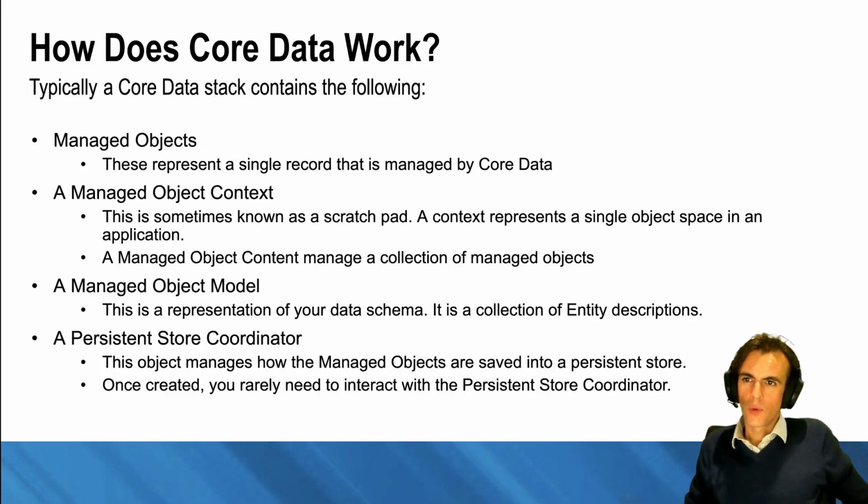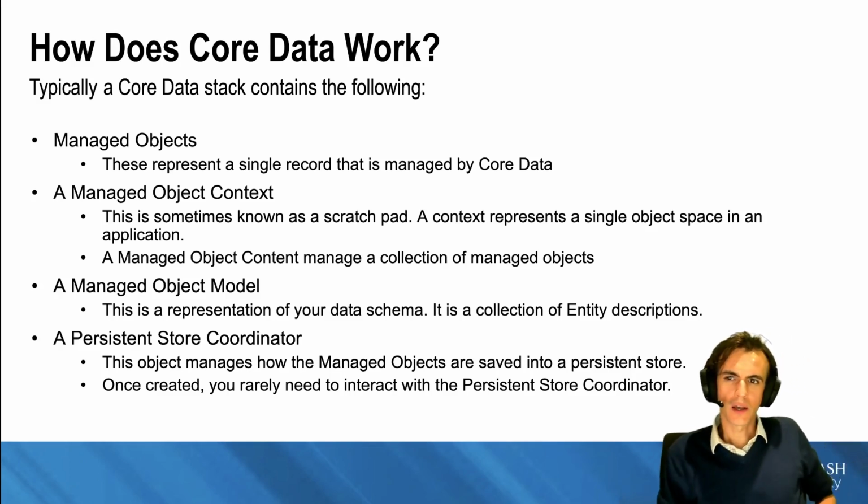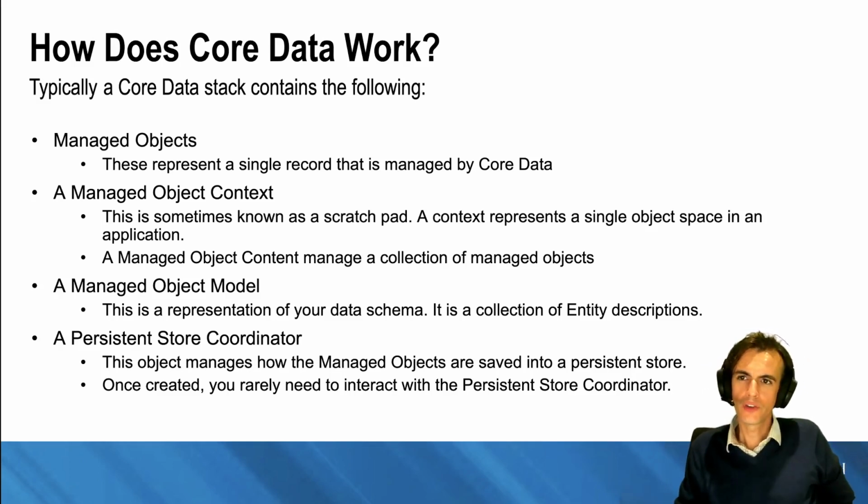Here's some terminology that you're going to need to know when we're working with core data. You're going to have managed objects, which represent records that are managed by core data. When we fetch information out of core data, what we get back are managed objects, and they have connections, references between them. These managed objects are stored in what's called a managed object context.